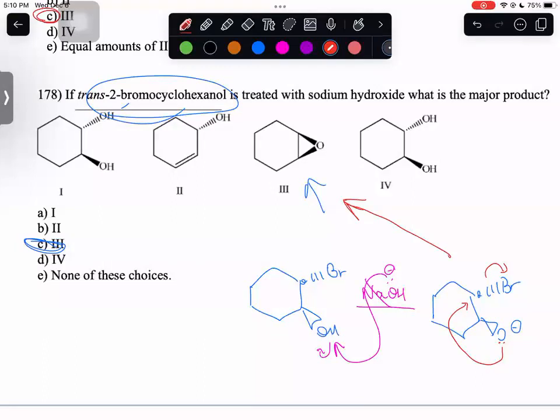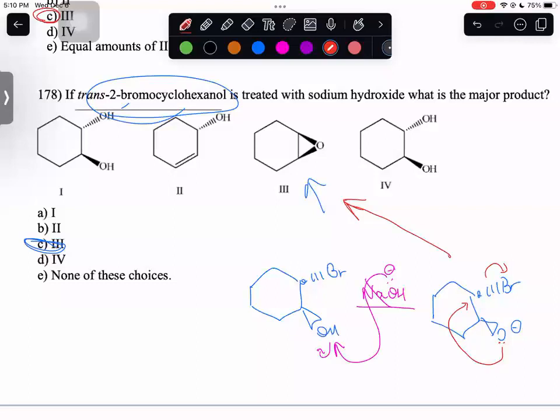Because NaOH can also be considered a good nucleophile. So technically, none of the answers are correct, but you can just replace the bromine with OH. But that would be minor.